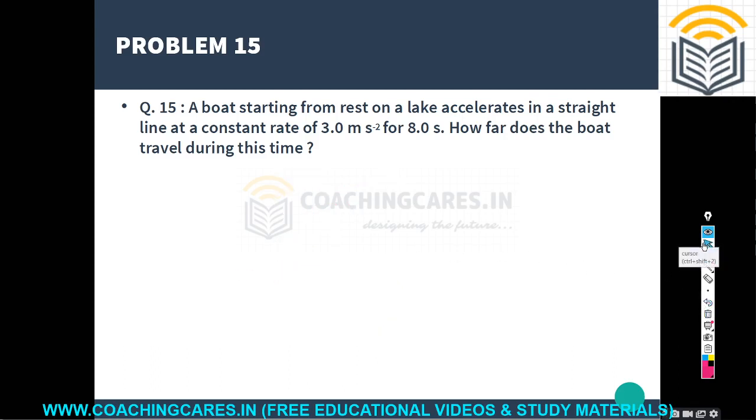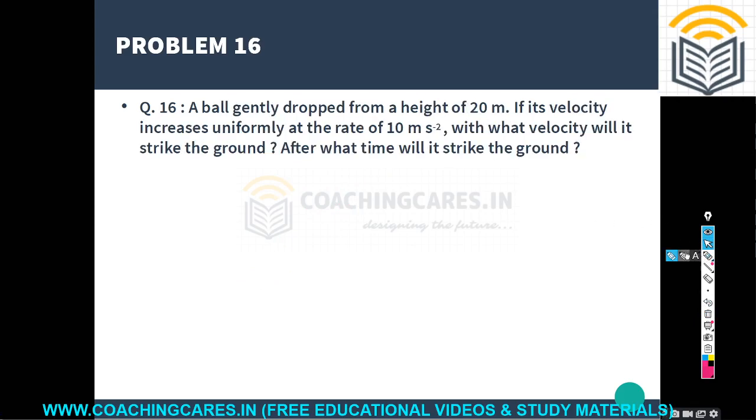Let us take another example. A ball is gently dropped from a height of 20 meters. Its velocity increases uniformly at the rate of 10 meter per second square. With what velocity will it strike the ground, and after what time will it strike the ground?